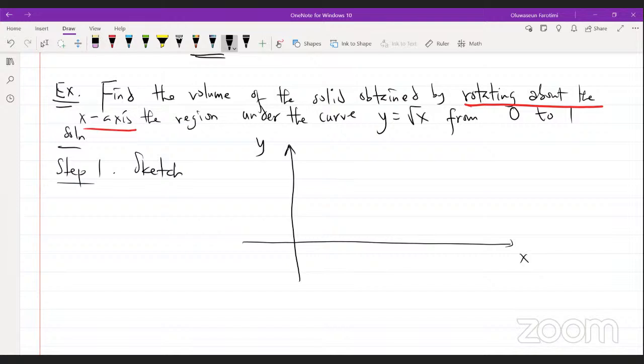So what curve am I sketching? I'm sketching y equals square root of x. But now I'm rotating about the x-axis, I need to make x the subject of the formula. I have x equals y squared. Why am I rewriting? Because it's about the x-axis. So I have to sketch the curve x equals y squared, which is going to be something like this.